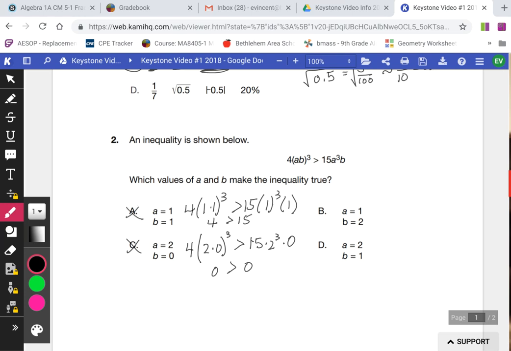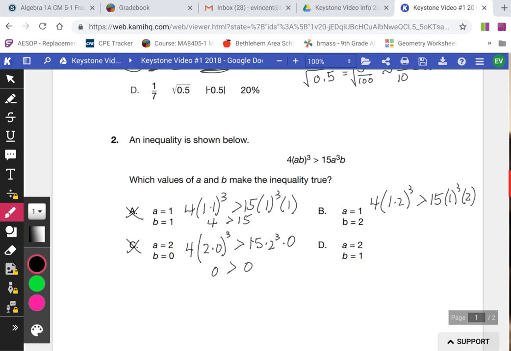Notice all I'm doing is substituting values in and then calculating to see what makes sense. So B has A equals 1 and B equals 2. So we have 4 times 1 times 2 cubed is greater than 15 times 1 cubed times 2.